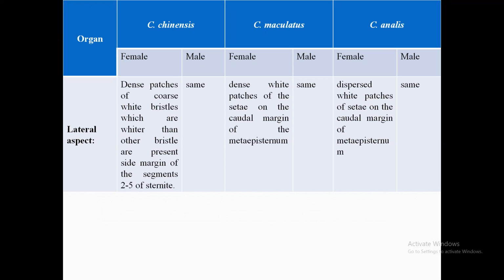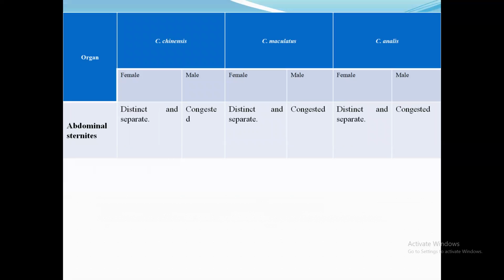While in Callosobruchus maculatus, we find dense white patches of setae on the caudal margins of the metepisternum, both male and female. In case of analis also, we find dispersed white patches of setae, same on the caudal margin of the metepisternum region. Then abdominal sternoid, in all the species, in female the abdominal sternoid is distinct and separate, while in male it is congested.